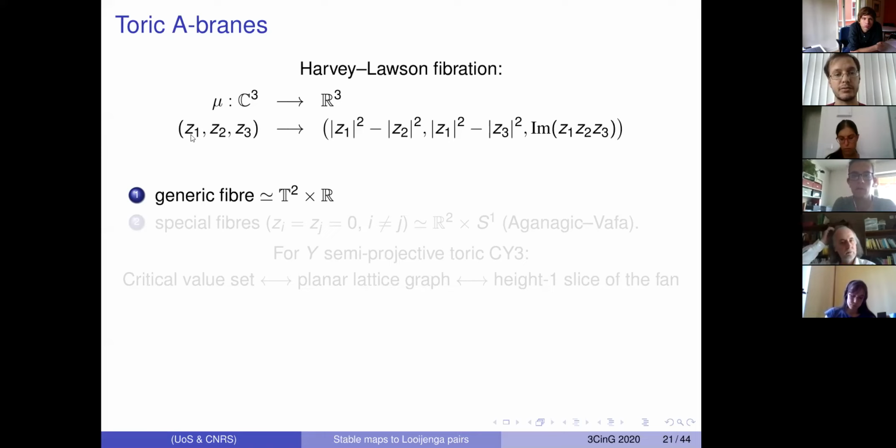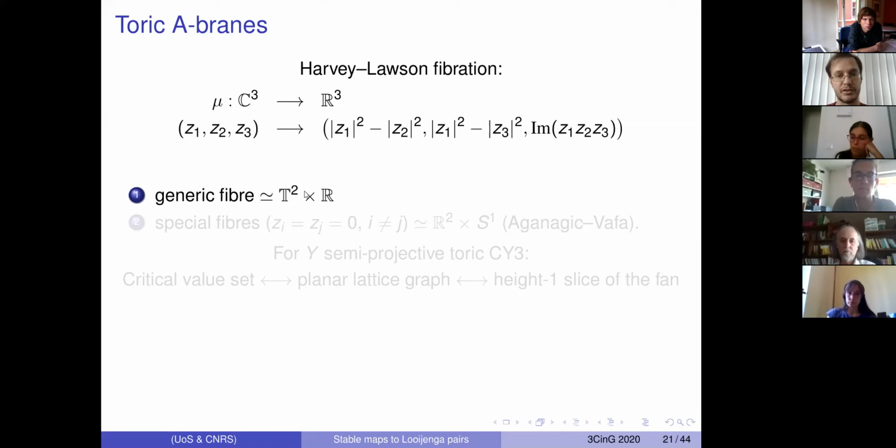So z1 goes to e^{iθ1} z1, z2 goes to e^{iθ2} z2, and z3 goes to e^{-iθ1-iθ2} z3. And this action is concentrated on the fibers, and that would explain the T^2 factor.